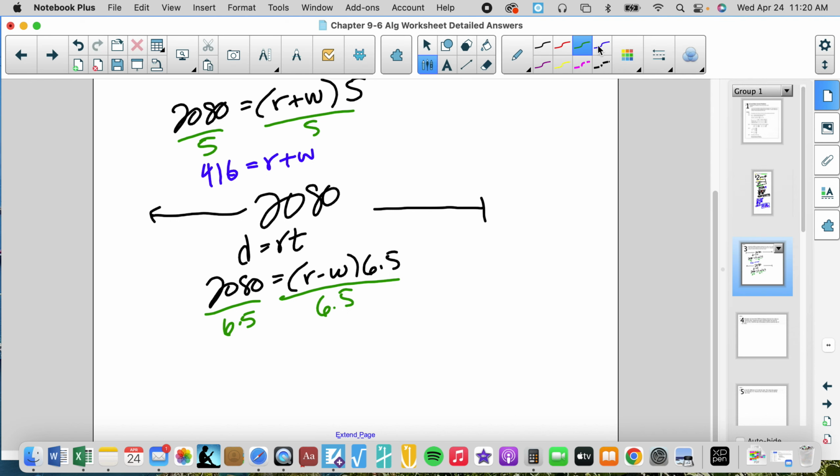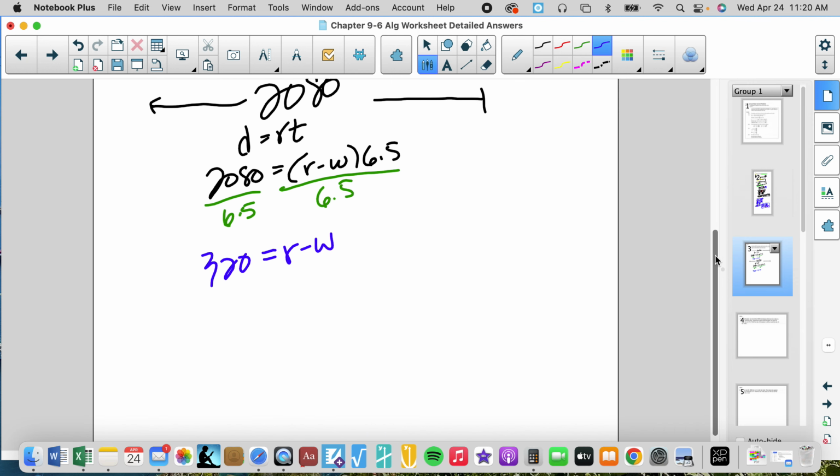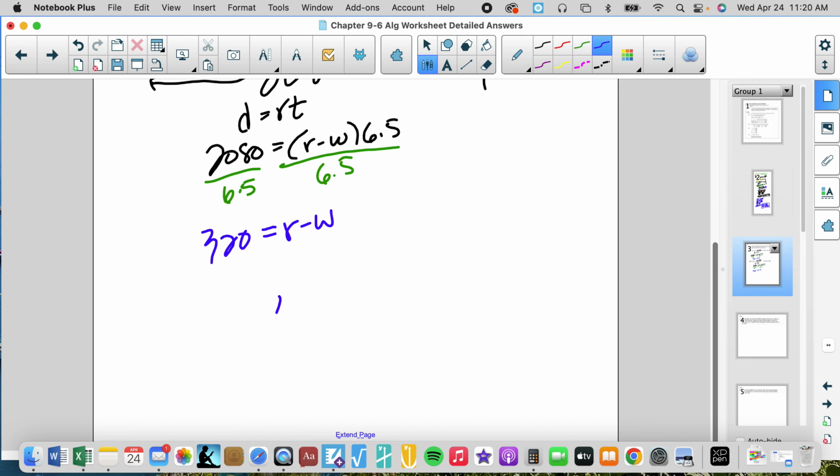So this is 320 equals R minus W. And the only reason is they're smaller numbers. So that's why I would contemplate doing this.